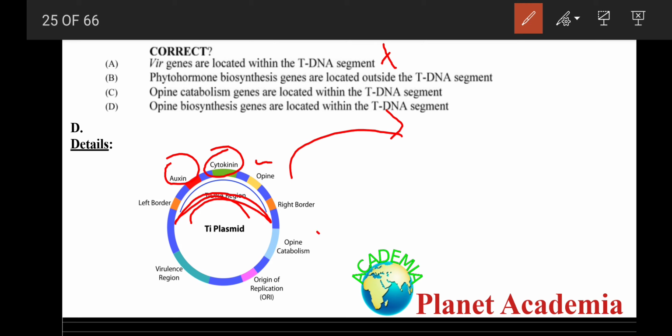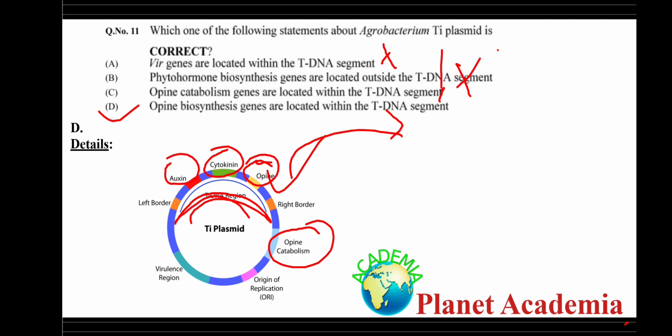Opine catabolism is outside the T-DNA segment. So all three are wrong. Fourth option: opine biosynthesis genes are located within the T-DNA. Yes, you can see that is the right option, the fourth option.